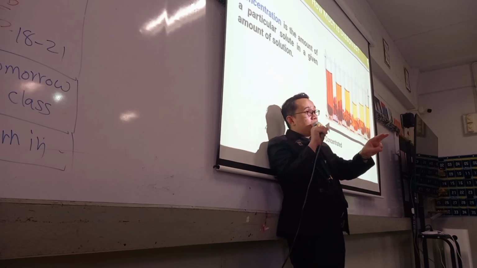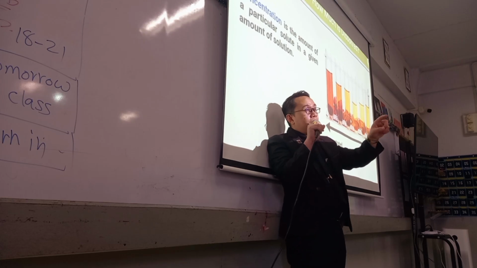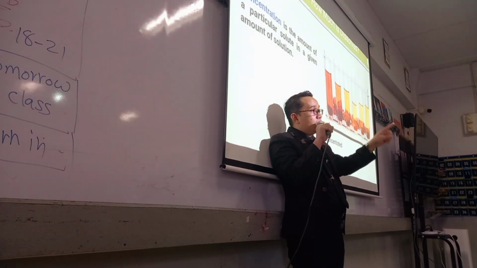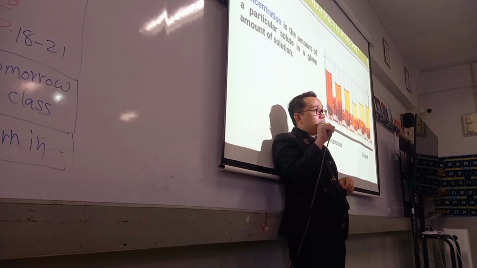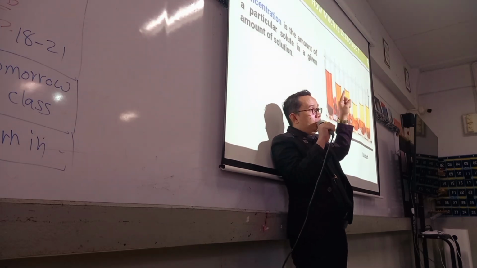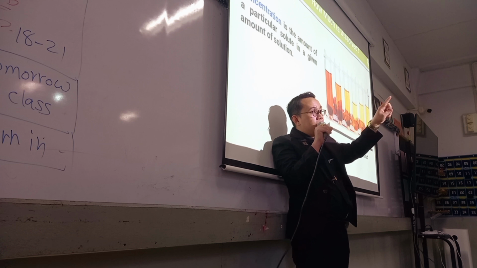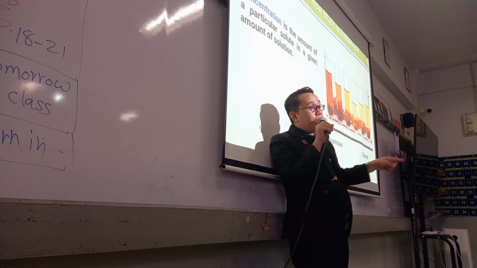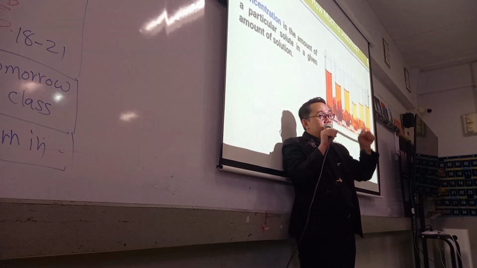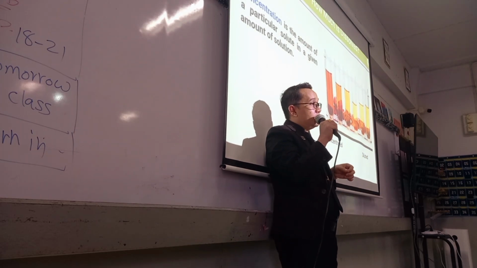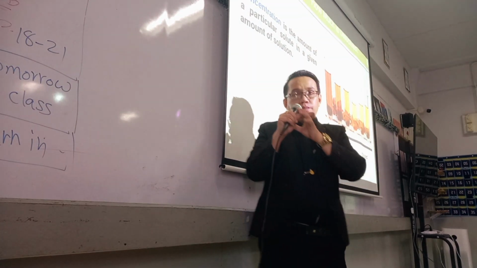If it's balanced between solute and solvent, that is a well concentrated solution, moderate. If there is high solvent but less solute, it turns out to be a diluted solution. Do you guys understand? Okay, very good. Now, continue.